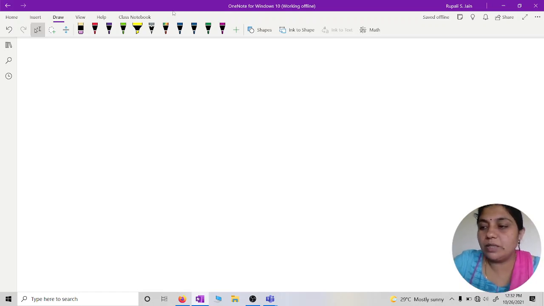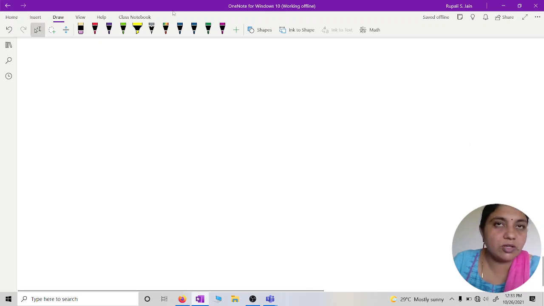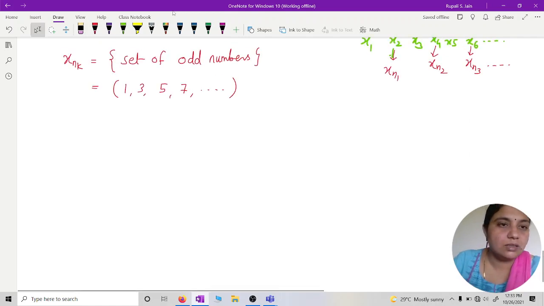Okay. Now what do we mean when we say a subsequence converges? If the sequence converges, because a subsequence is nothing but again a sequence.